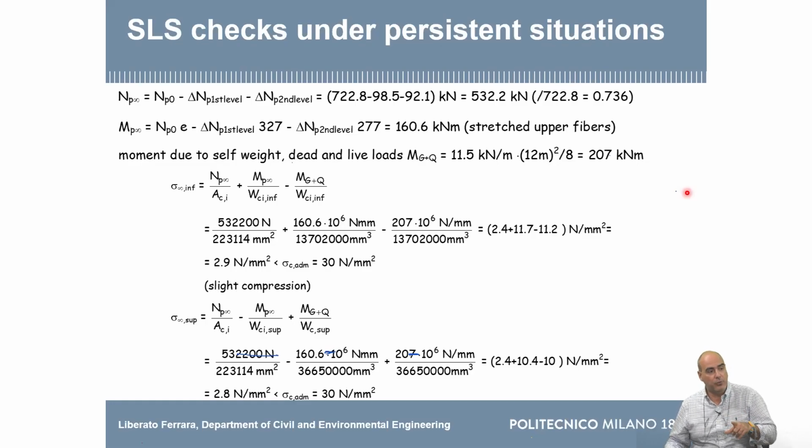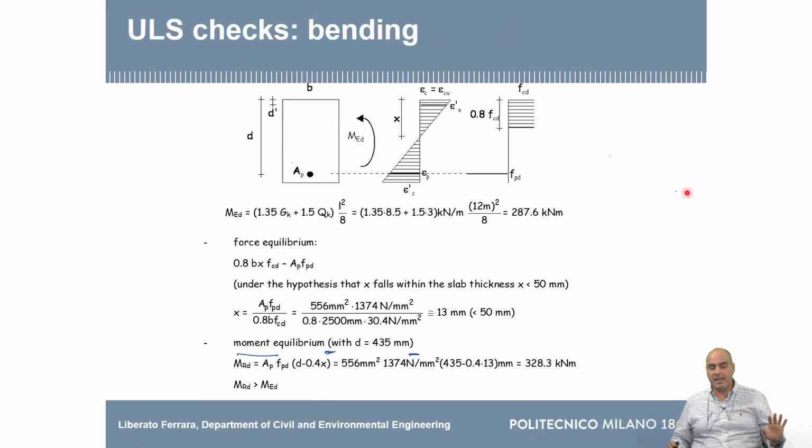But we must not forget that at ultimate limit states, the cross section of a reinforced but also a pre-stressed concrete element works in a completely different way. And at the ultimate limit state, the pre-stressing tendon is a reinforcement. So you will check it exactly as you would for a reinforced concrete cross-section.